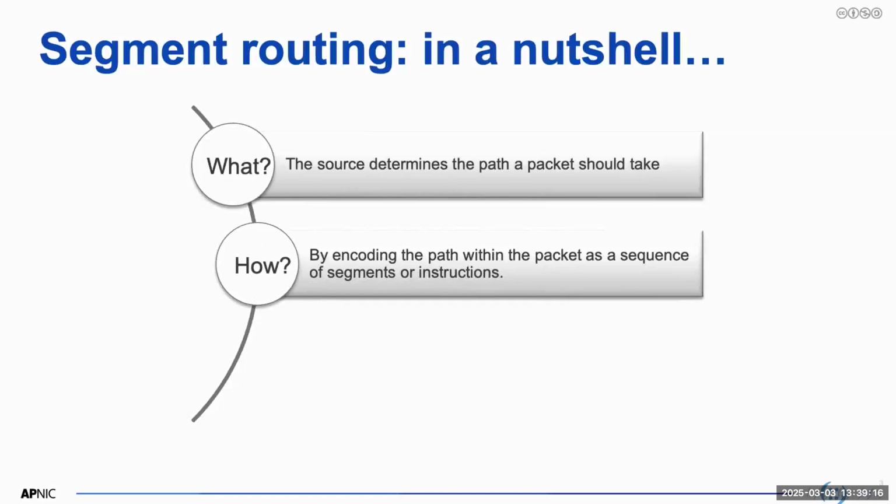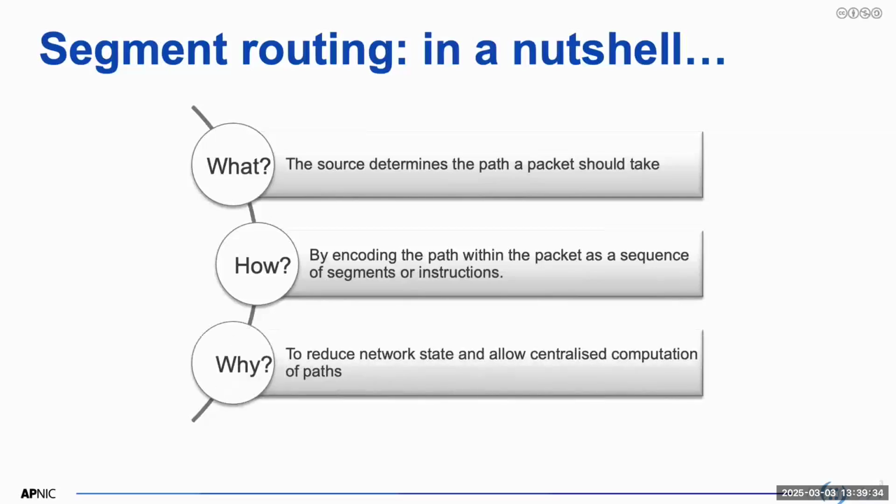So the instruction is available as additional information along with the original packet when we are sending the packet, and this includes the list of different segments or nodes that need to be traversed before the packet reaches the actual destination.